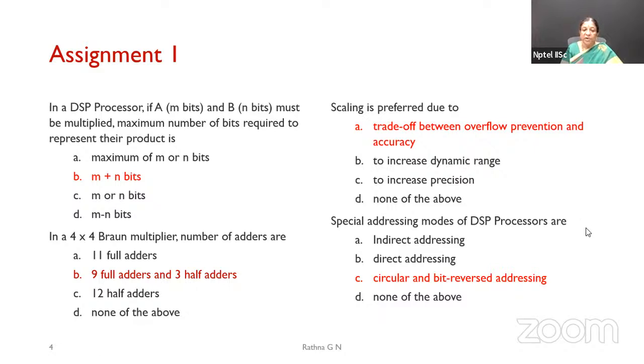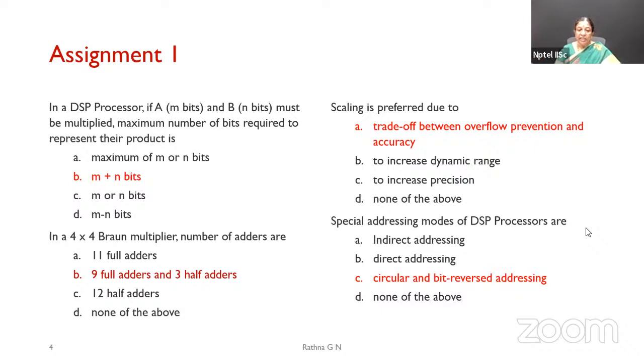In the case of a 4x4 Braun multiplier, the number of adders is 9 full adders and 3 half adders. If you take the last adder as a half adder, then 8 full adders and 4 half adders is also correct. That answer is also correct.